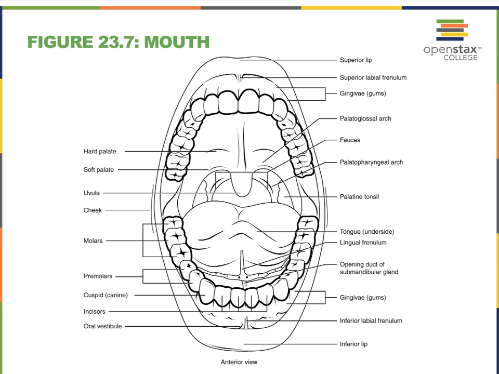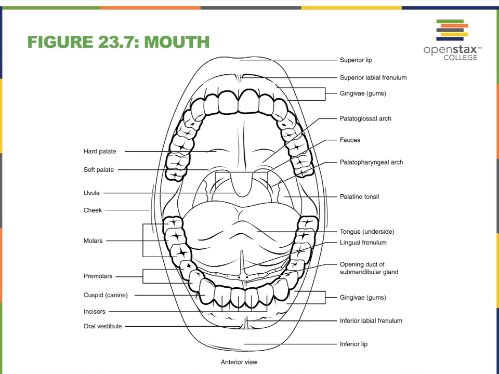We have typically 2 premolars in each quarter of our mouth, followed by 1 canine, also called the cuspid, and then 2 incisors, which leads us to a dental formula that we'll take a look at in just a little bit. These are, of course, mature teeth.